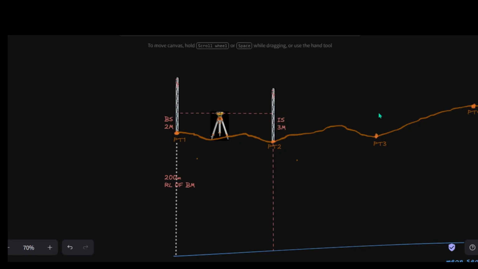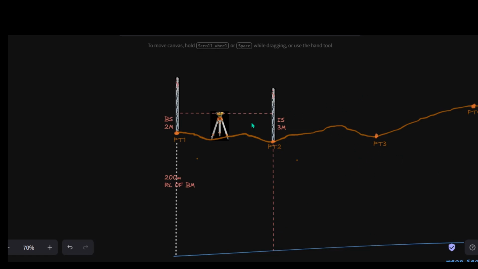Now I still want to keep my instrument here and read point 3. Remember, my aim is to find the reduced level of point 2, point 3, point 4.